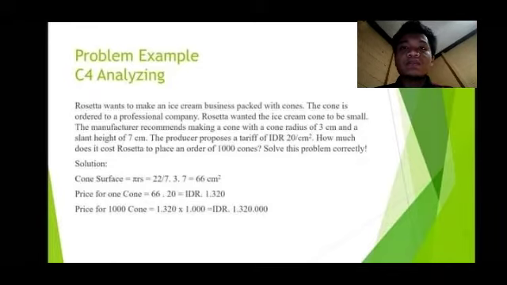The producer proposed a tariff of 20 rupiah per cm squared. How much does it cost Rosetta to place an order of 1000 cones? Solve this problem correctly. The solution is, we can solve this problem by finding the cone surface area, then the price for one cone, and next the price for 1000 cones.